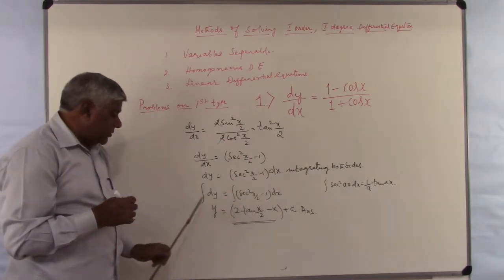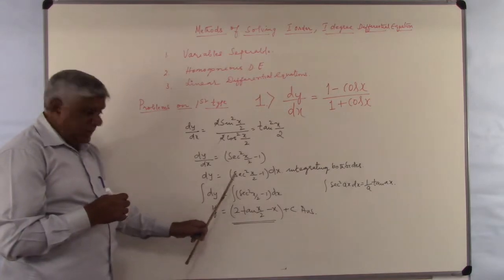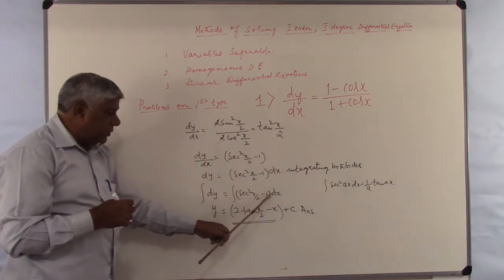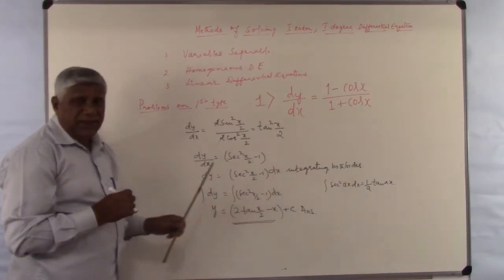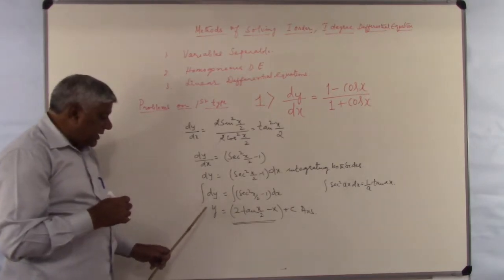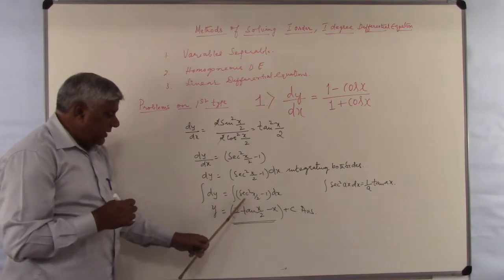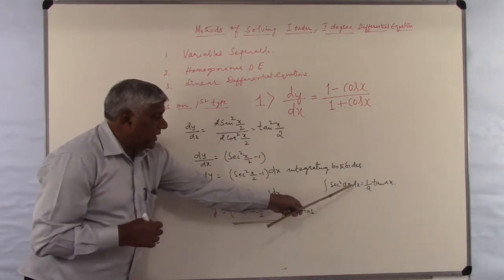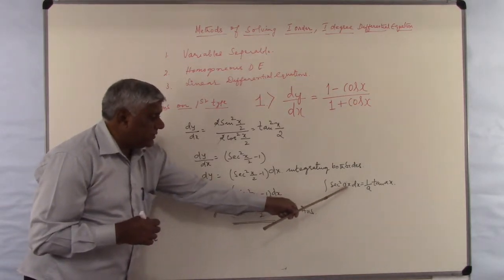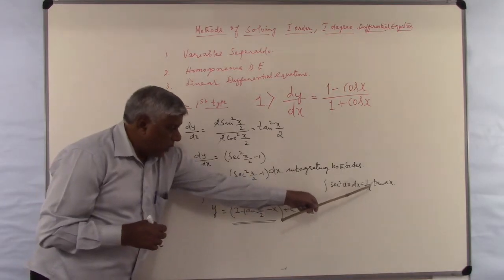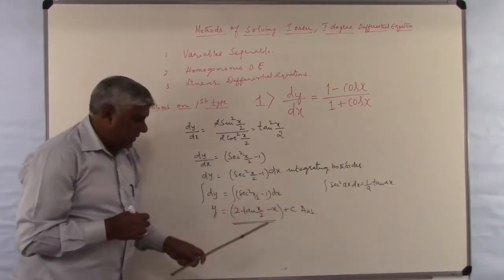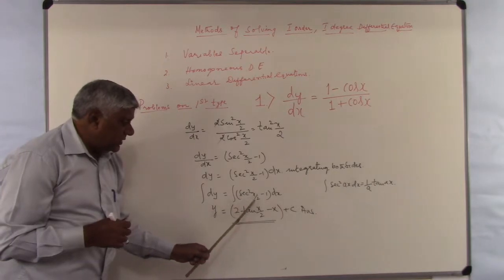Now integrating both sides. Integral dy is equal to integral secant square x by 2 minus 1 into dx. Now what is integral dy? It is y. This is equal to, see here, it is secant square ax dx. Integral secant square ax dx is 1 over a tan ax. You can see here, secant square x by 2, a is here half.